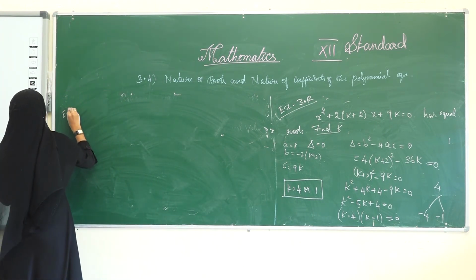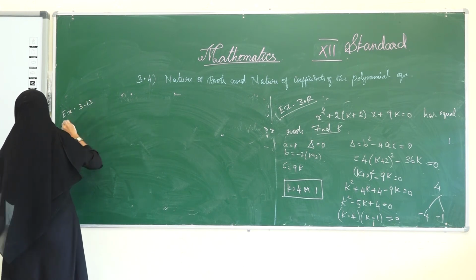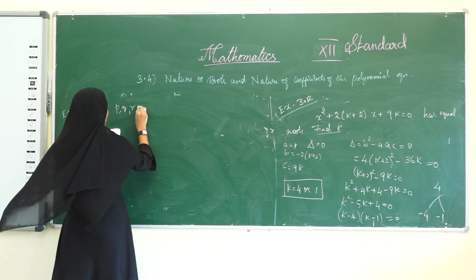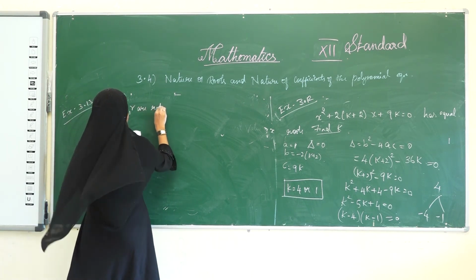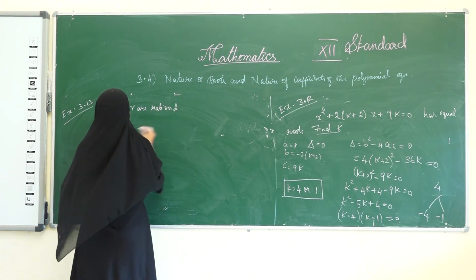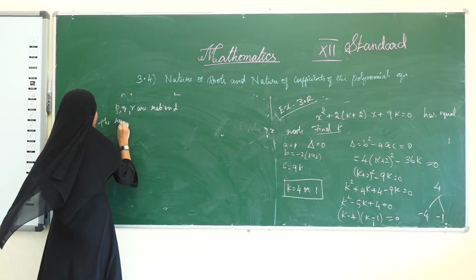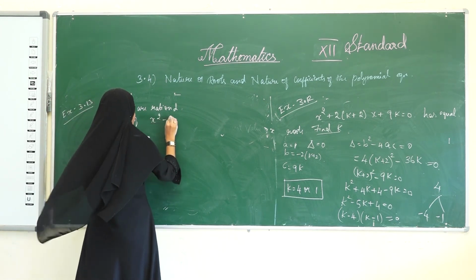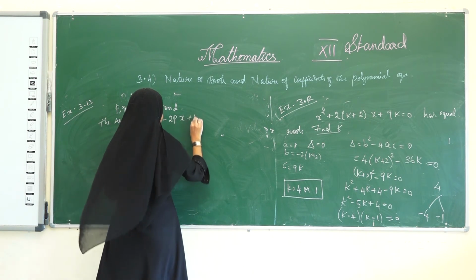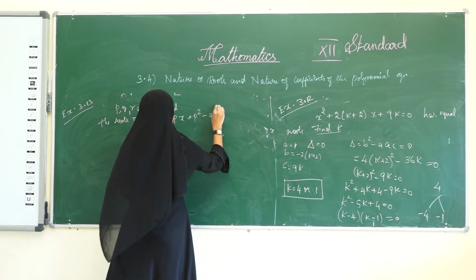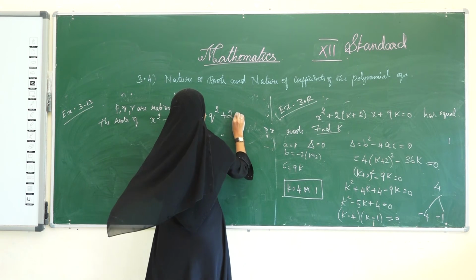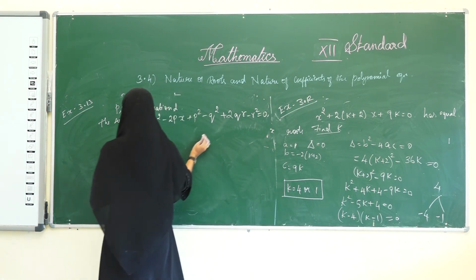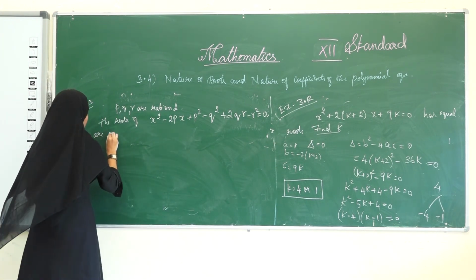Example 3.13. What are they given? Show that if p, q, r are rational, the roots of the equation x square minus 2px plus p square minus q square plus 2qr minus r square equal to 0 are rational.